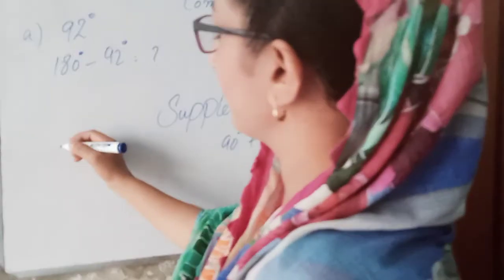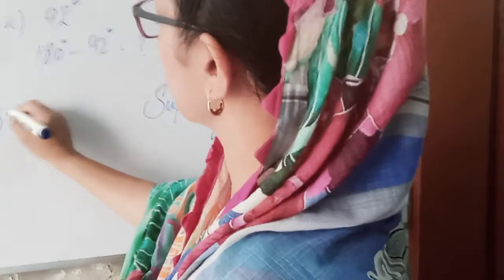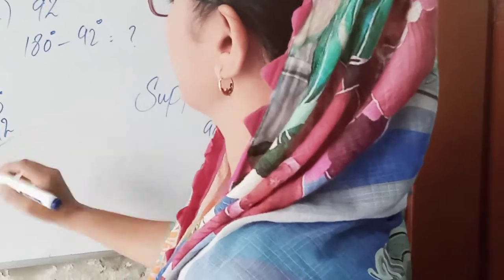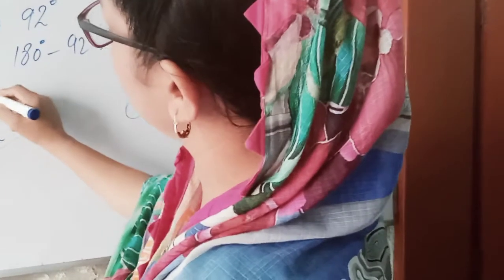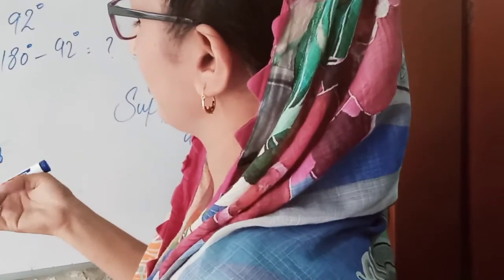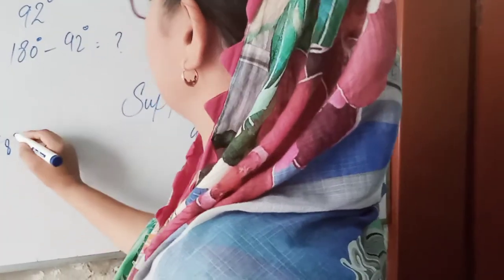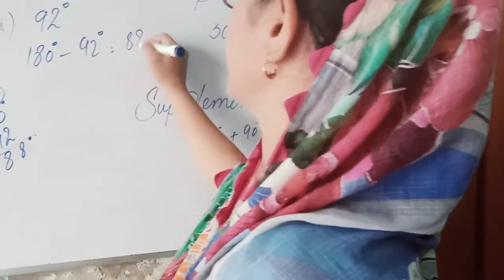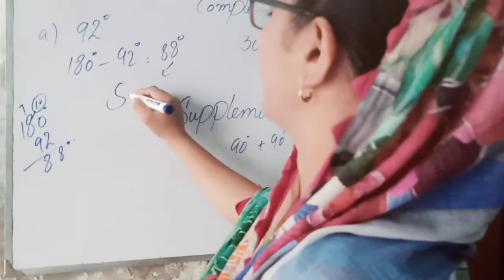But if you are given, for example, 180 degrees minus 92, the answer is 88 degrees. It means the answer, 88 degrees, is called the supplement.